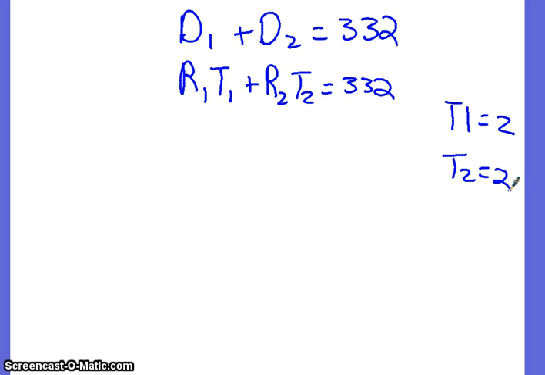And we know the rate of one of them, 65 kph, which was the second one. Since we know all that information, we are free to substitute.